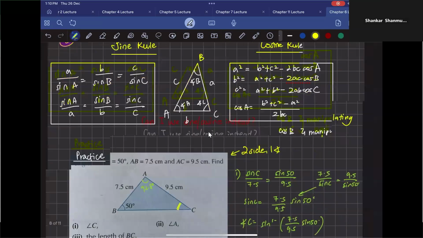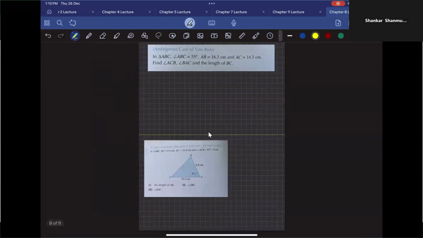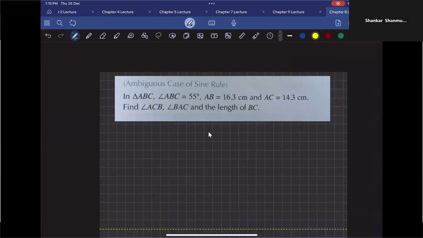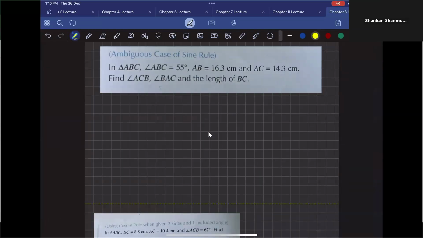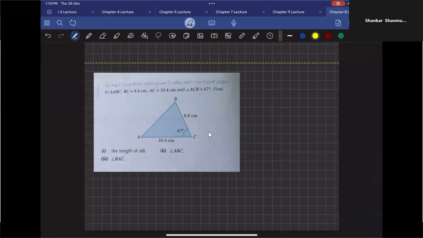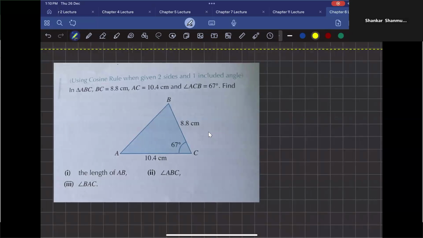Okay, so once you know this, let's do a few examples. This is a very good question for sine rule, but let's do some cosine rule questions first, and then we move back to the previous one. In this case, you're told to find the length of AB.